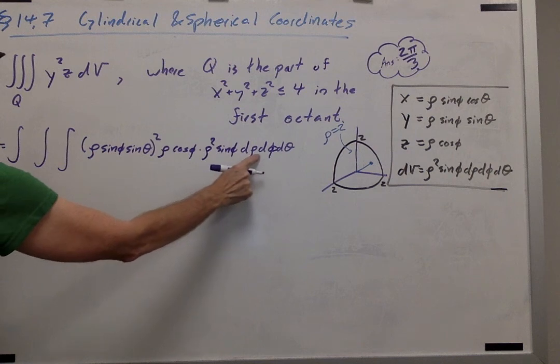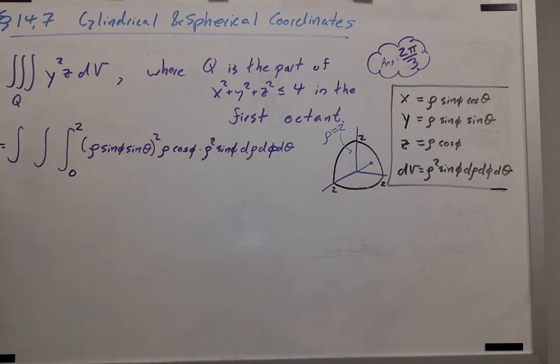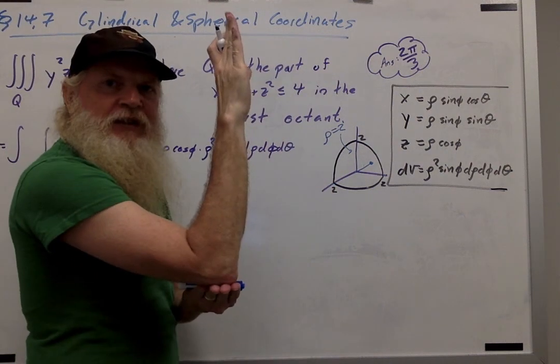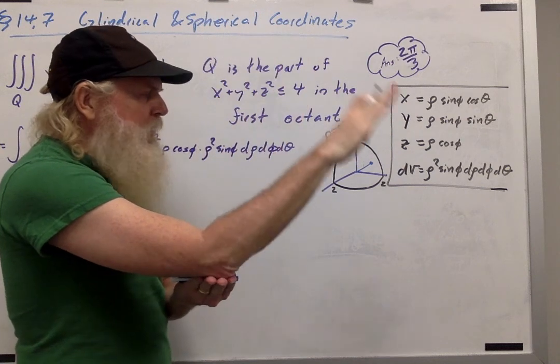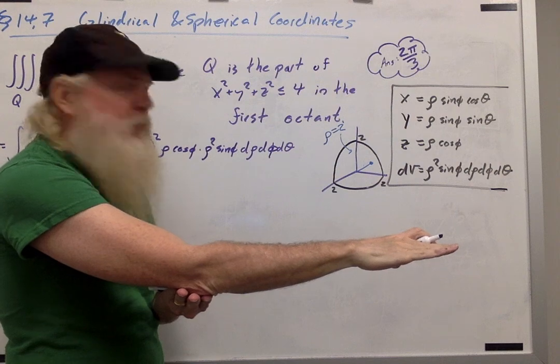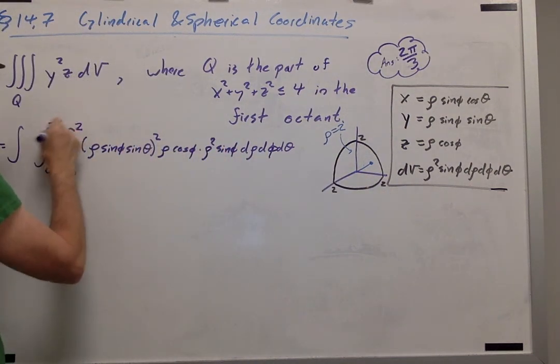We already said that rho is going from 0 to 2. Since I'm staying in the first octant, I want to start on the z-axis, which is phi equals 0, and I want to continue downward until I get to the xy plane, which is going to be phi equals pi over 2. So phi goes from 0 to pi over 2.